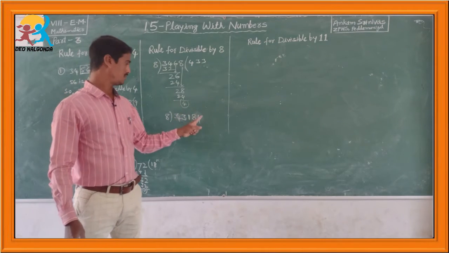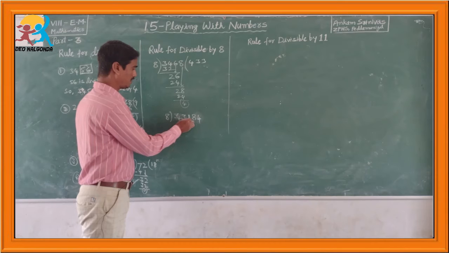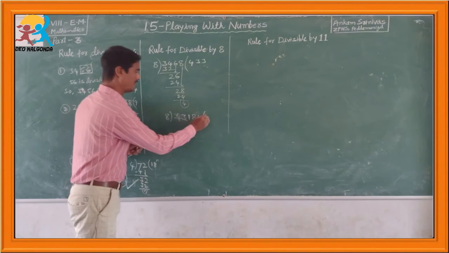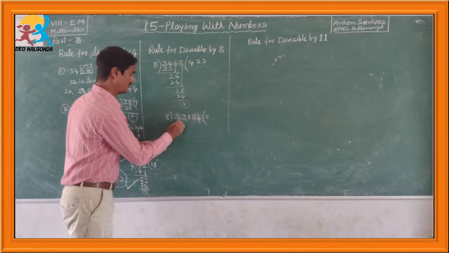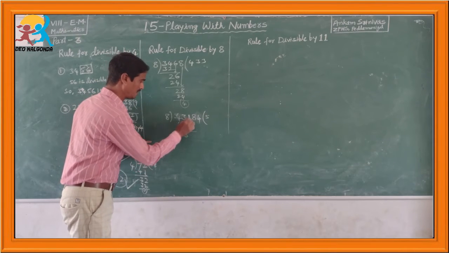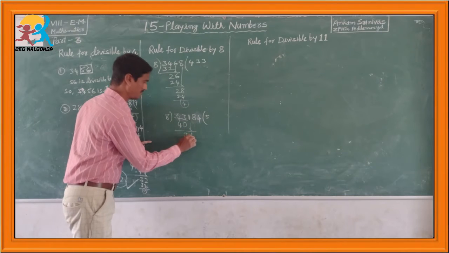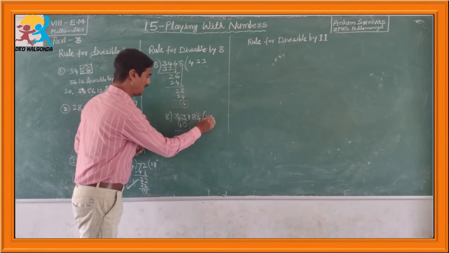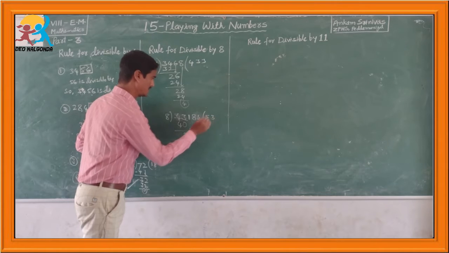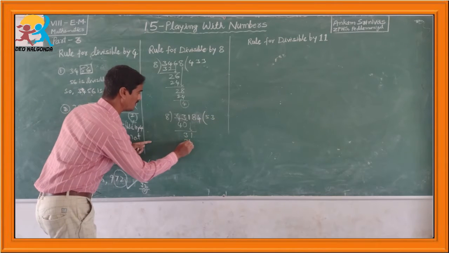Now take another question. 43,184. Let's divide by 8. 8 5s are 40. 43 minus 40, 3. Take 1. And 8 3s are 24.